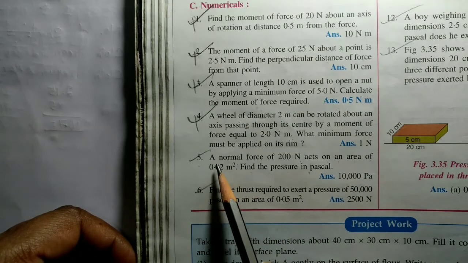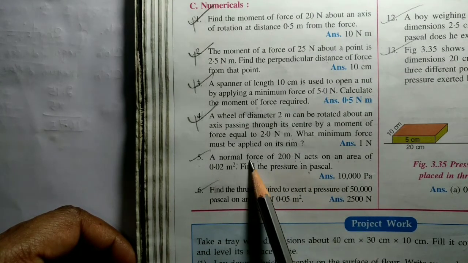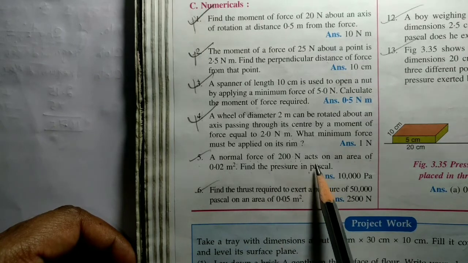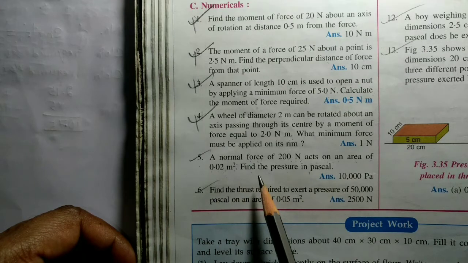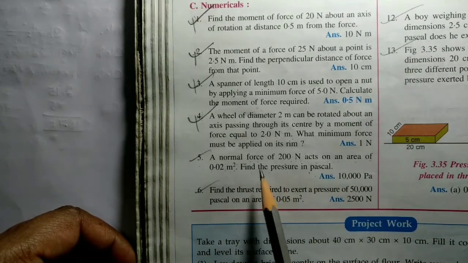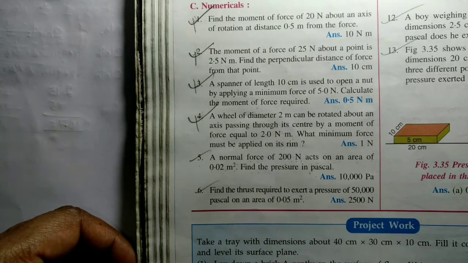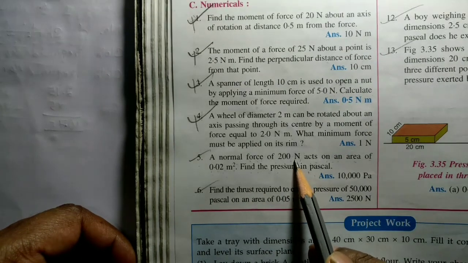So number 5: a normal force of 200 Newton, a normal force means thrust, of 200 Newton acts on an area of 0.02 meter square. Find the pressure in Pascal. Okay, so see here, first thing you should identify the physical quantities given to you. You can identify with the help of these units.